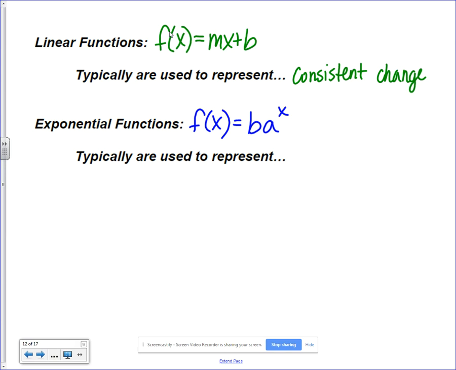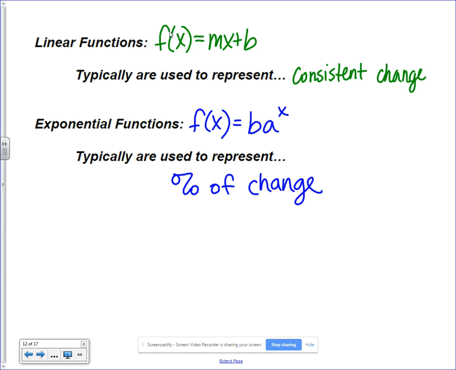The a is your percent of change, because these things are typically used to represent percent of change, which is why all of those questions in your homework last night had percentages in them. That's the clue right away that you go to this type of equation. The b is your beginning number, and this will be in your recording from yesterday when you go back and watch it. And the a is your percent of change.